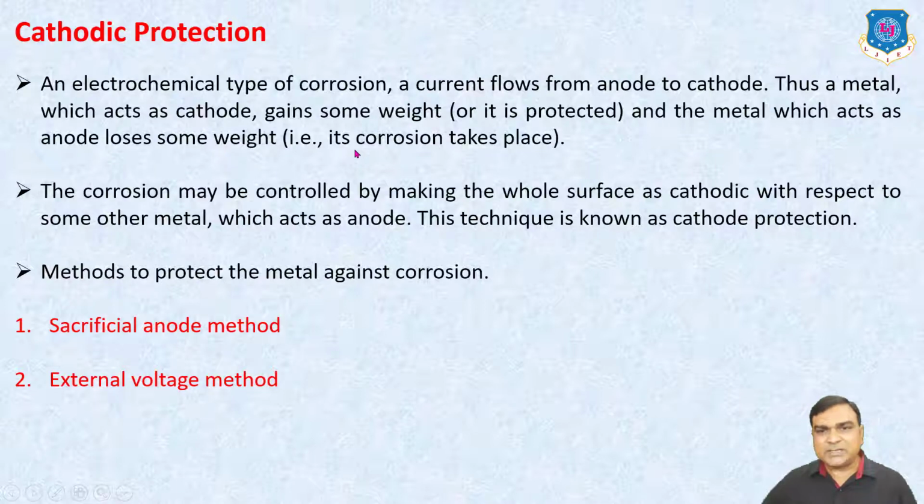So corrosion may be controlled by making the whole surface cathodic with respect to some other metal which acts as an anode. This technique is known as cathodic protection. Methods to protect the metal against corrosion: there are two types, sacrificial anode method and external voltage method.